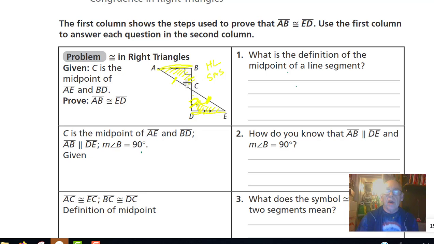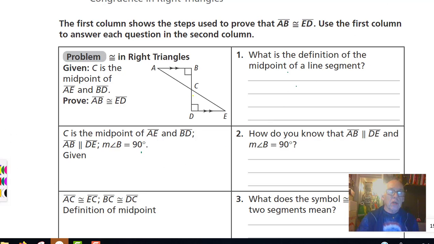So we should be able to see that hypotenuse leg is a pattern we can use to prove that these triangles are congruent. Once we have these two triangles proved congruent, then by corresponding parts, AB is going to be equal to ED, which means they're going to be congruent. So that's how this proof is going to need to go.